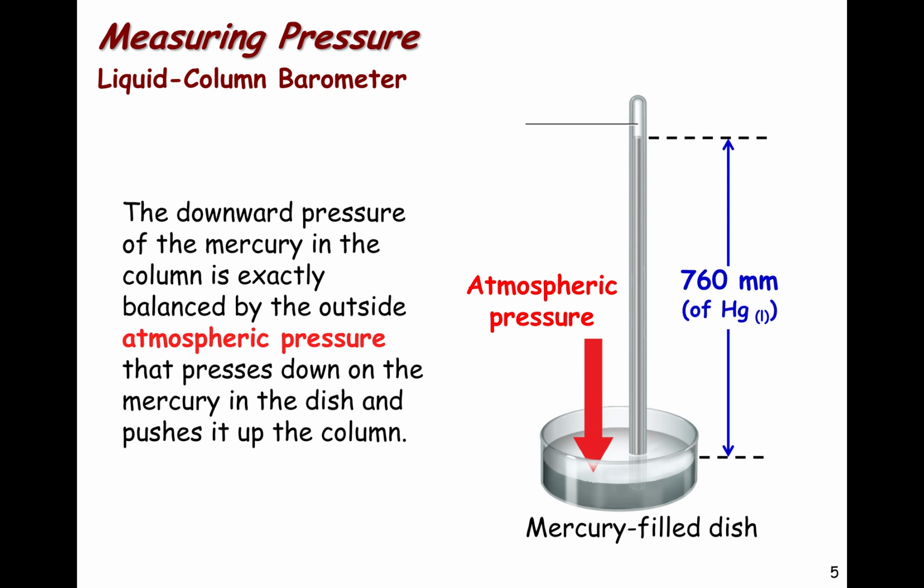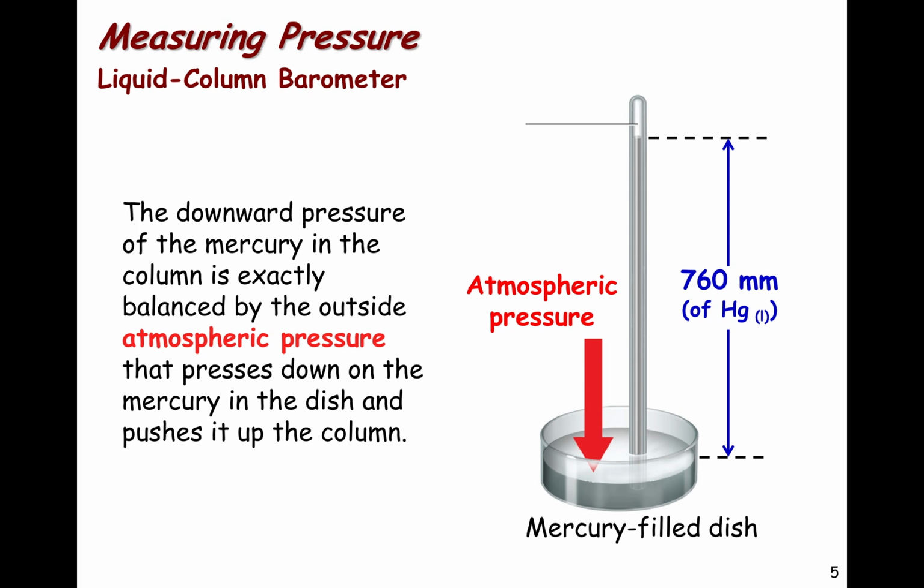Shown here is a typical mercury barometer. The reason that we often use mercury in a barometer is that it has a very high density compared to most liquids, and therefore the barometer doesn't need to be extremely tall to measure pressure effectively. So to make a mercury barometer, essentially we have a glass tube that has been sealed at one end and then filled completely with mercury and inverted and placed down into an open container having liquid mercury in it.